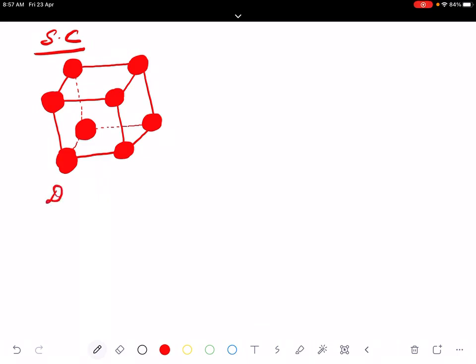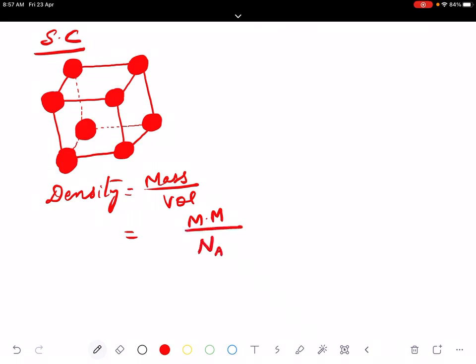So density is mass by volume. Mass is the mass of that one atom. The mass of one atom is molar mass divided by Avogadro number.